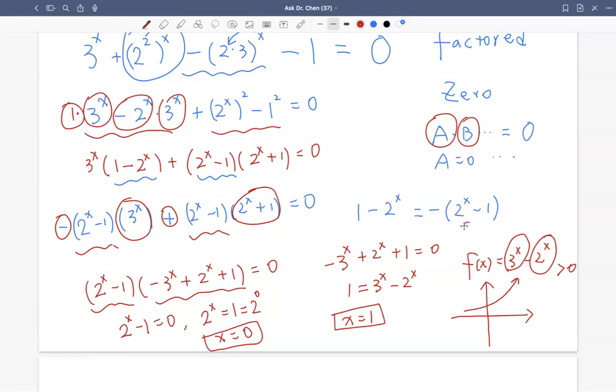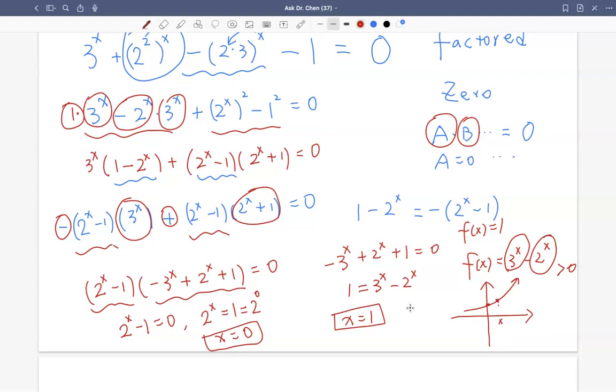So when the function f of x equals 1, somewhere f of x equals 1. That means that can only correspond to one x value.